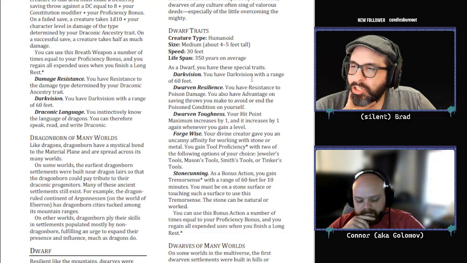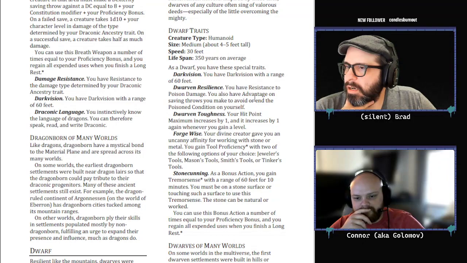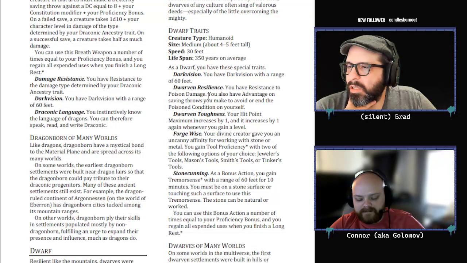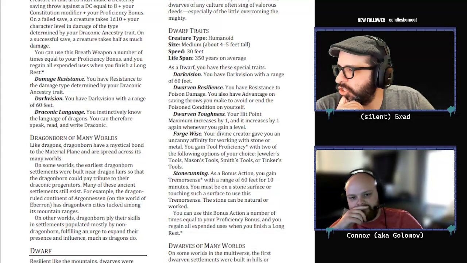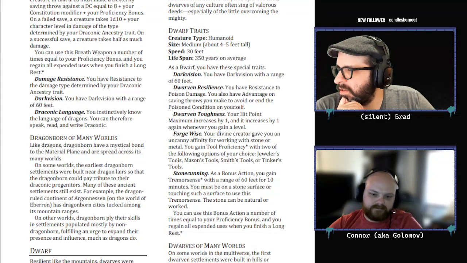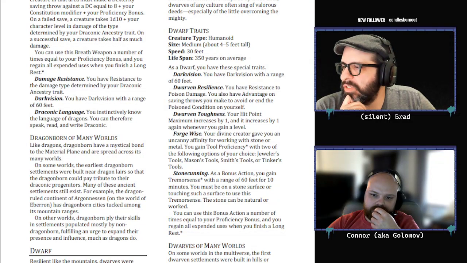They get darkvision, dwarven resilience again, advantage on saving throws against poison, resistance against poison damage. They basically made that a little longer, made it more specific so you know what it's looking at. Dwarven toughness, which used to be only the hill dwarves, so increased health.